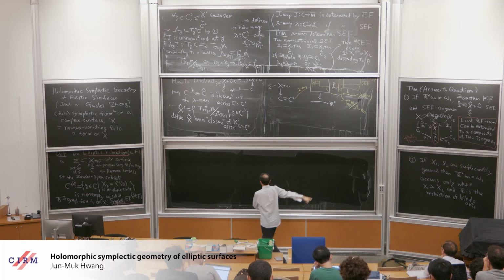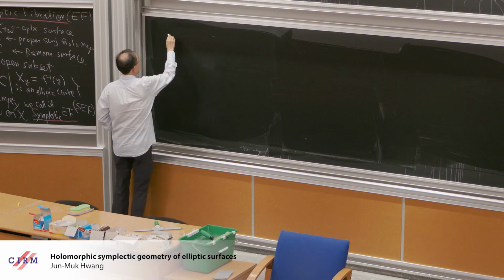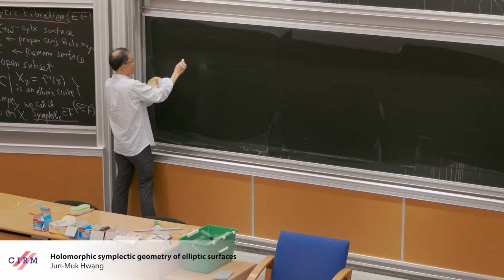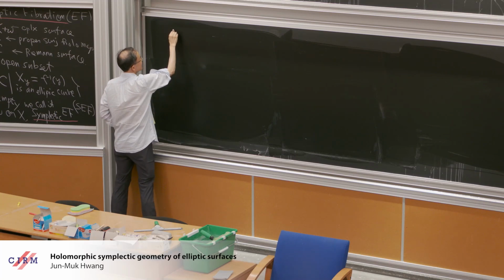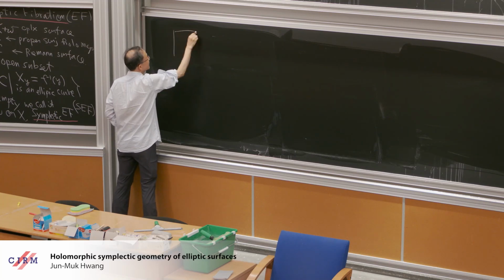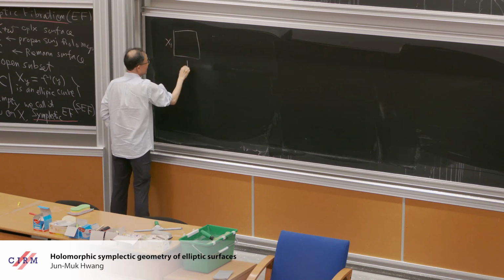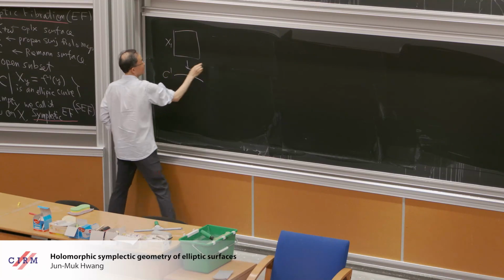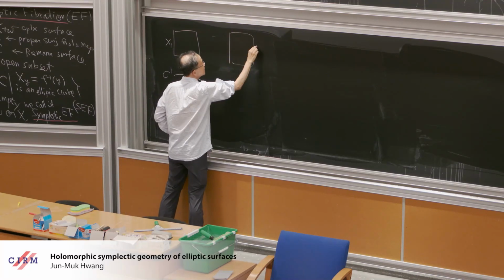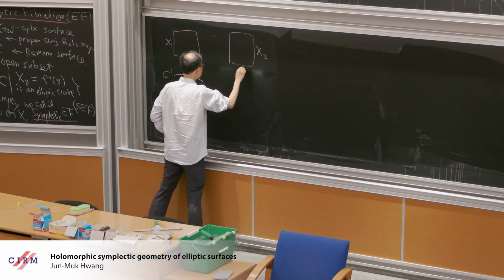In the setting of the question, you have X1 to C1, and X2. These are K3 surfaces.